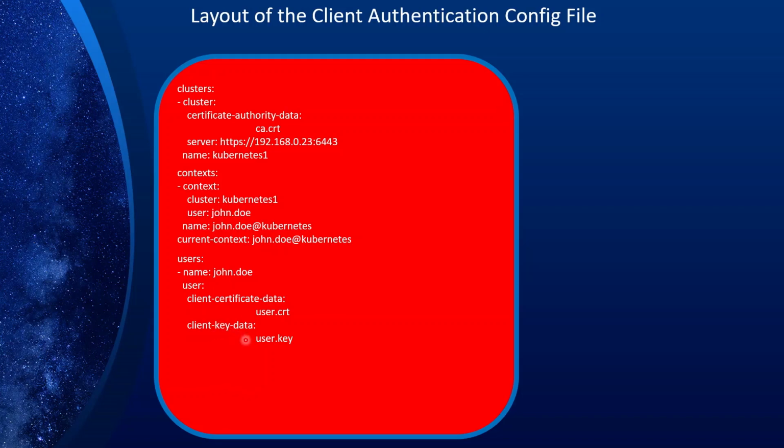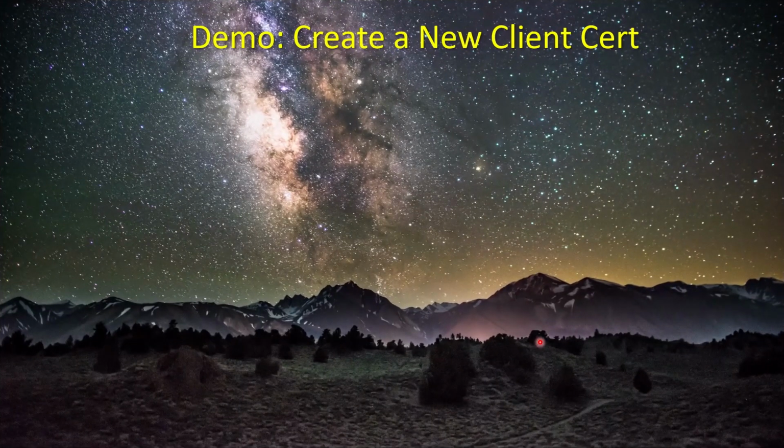And then the client key data, we have the user key. So if you recall, we generated a certificate and a key for John Doe, and those would be copied over here. So next we're going to do a demo. We're just going to create a new client certificate, and we go through the process as we described earlier.